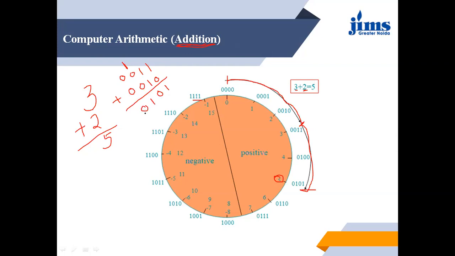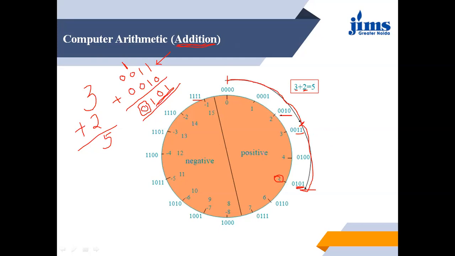So we can see that we get a positive number where the value is 101. The value of 3 is 011, as I tell you here. And the value of 2 is 010. You can see from here.